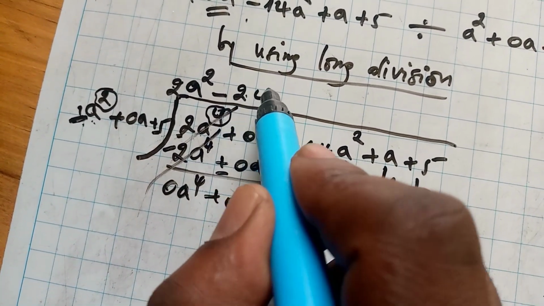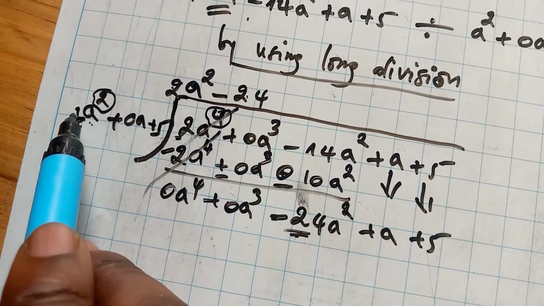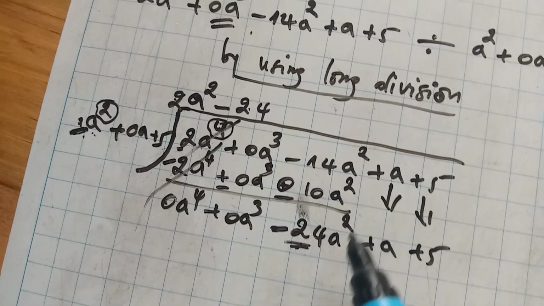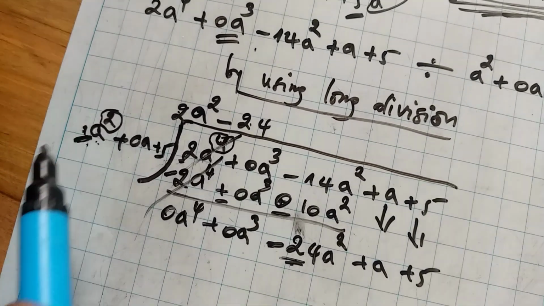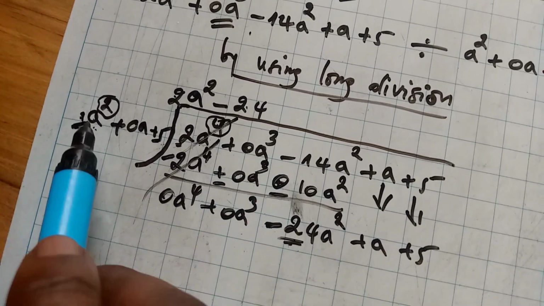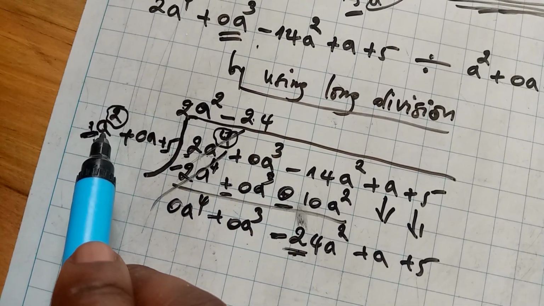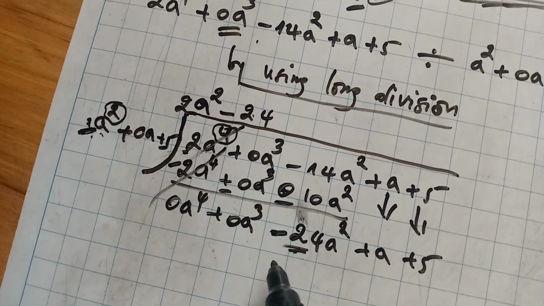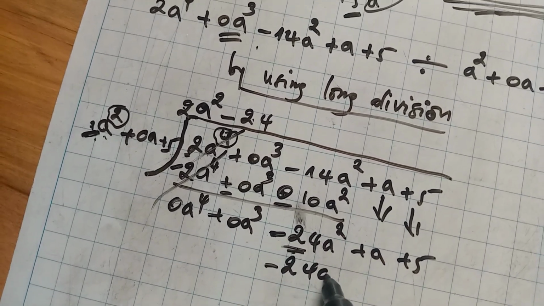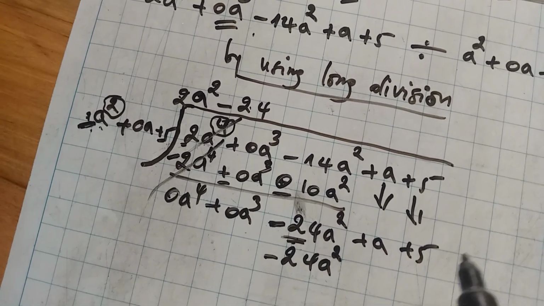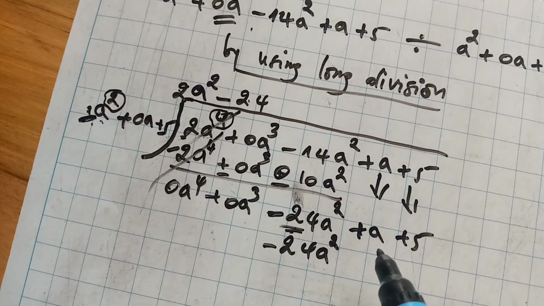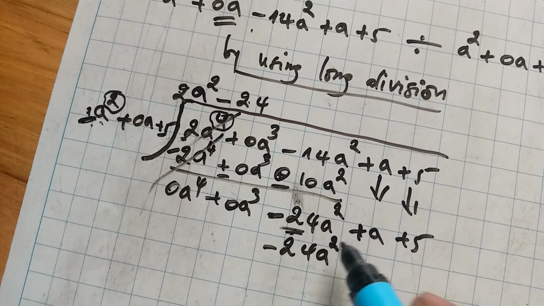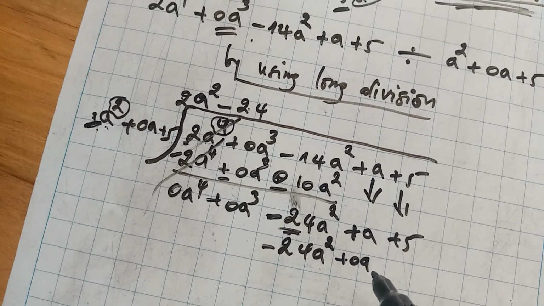You see, 24 times a^0, which is 1, with a^2. Here we have a^2, here we have a^2, no problem. Then we will have only 24 here to be multiplied with a^2 to have minus 24a^2. We have also negative 0a, or plus 0a.